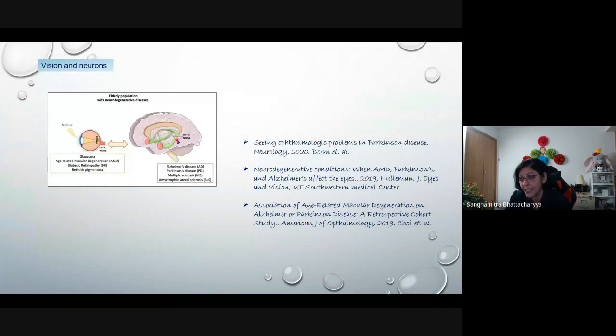And on the right, we have the picture of a normal, healthy brain, which can go bad and show signs of Alzheimer's, Parkinson's, multiple sclerosis, and amyotrophic lateral sclerosis. We do think that there is definitely a connection between the diseases of the eye and the diseases of the brain, and the connector being the optic nerve.